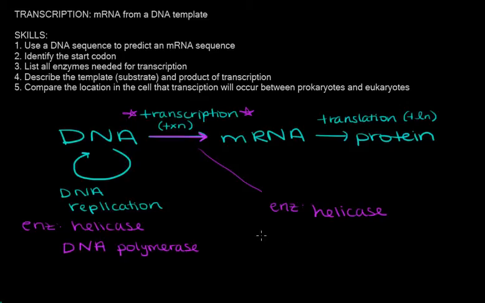The polymerase, however, is different, because in DNA replication we made DNA. In transcription we're making RNA. So the name of the polymer is different. The name of the polymer here will be RNA polymerase, because it's making an RNA molecule.